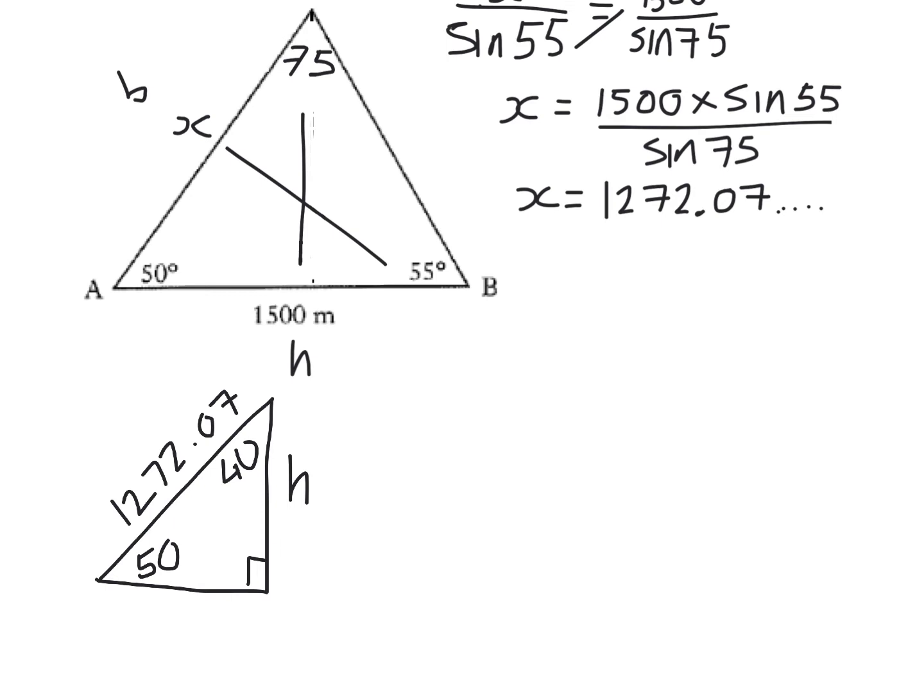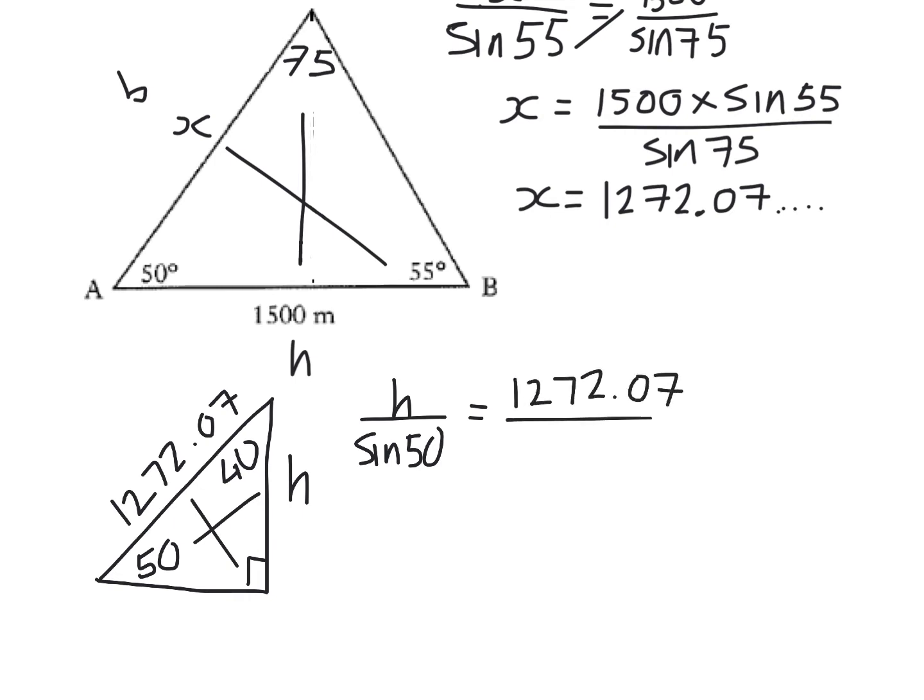So sine rule again, you could use SOHCAHTOA as I said, but double sine rule is the best way to go here. So we're going to have our unknown over sine 50. So h over sine 50 equals the side we know over sine 90. So 1272.07 all over sine 90. Then we need to move that sine 50 up to isolate the h.